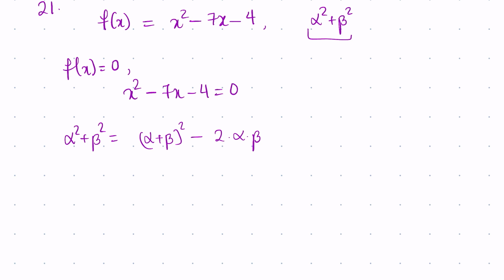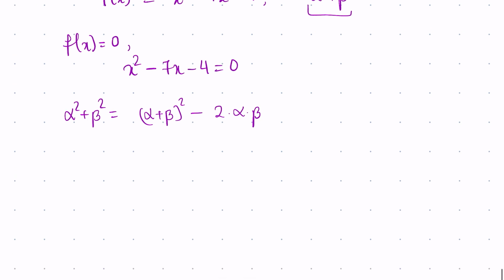Of course I can. Why did I write it this way? Well, because given this quadratic equation, we can find its sum of roots, because alpha and beta are the two zeros. So this is nothing but sum of roots, and alpha times beta is nothing but product of roots.